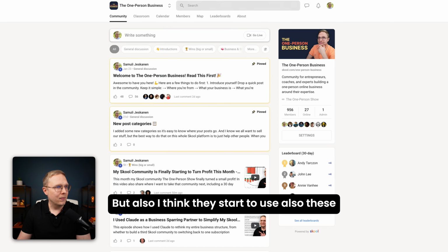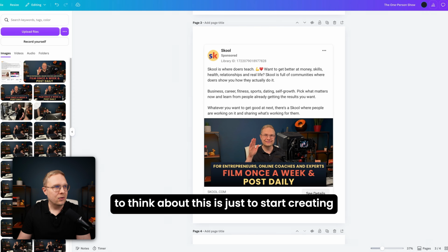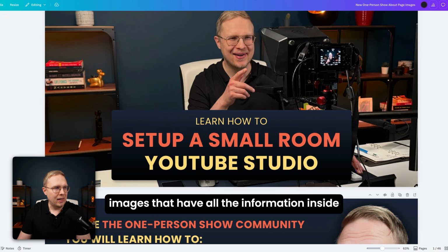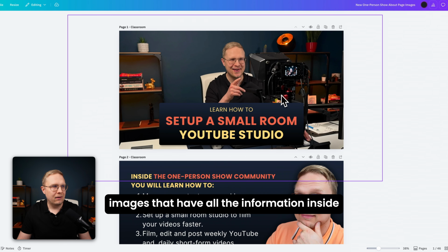But I think they also start to use these ad images that you have on your about page. So I need to fix these next. The best way to think about this is to start creating images that have all the information inside the image.